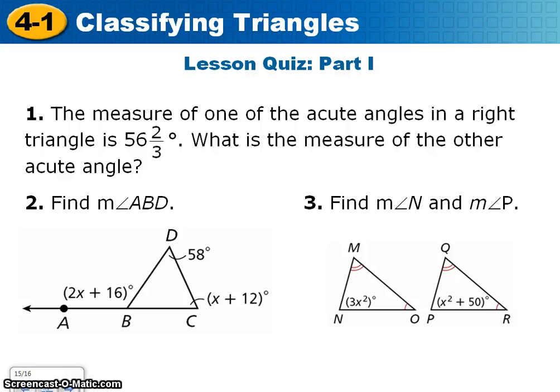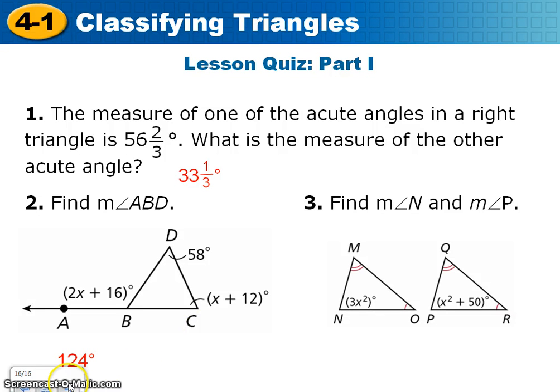And for our final couple of examples: for number 1, the answer is 33 1/3 degrees, because the two acute angles need to add up to 90 degrees. In number 2, the measure of angle ABD should turn out to be 124 degrees. Your equation should have said 2x plus 16 is equal to 58 plus x plus 12, using the exterior angle theorem for the triangle.